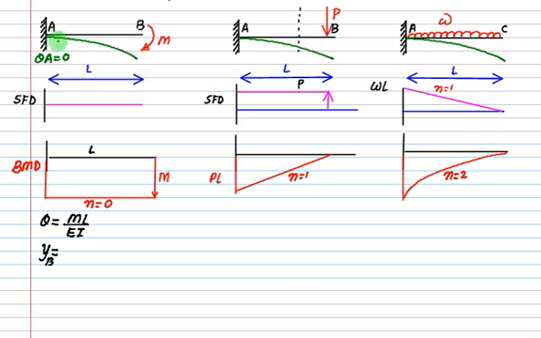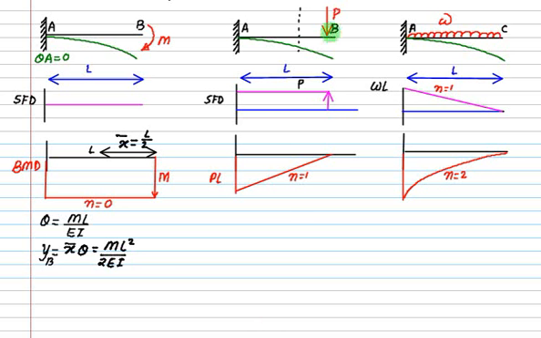Y at A is 0. Is it equal to x bar multiplied by theta? X bar you are going to measure from point B or from point A? From point B. Is this x bar L by 2? So your value is x bar multiplied by theta. Theta is nothing but area. So it equals ML square by 2 times EI.